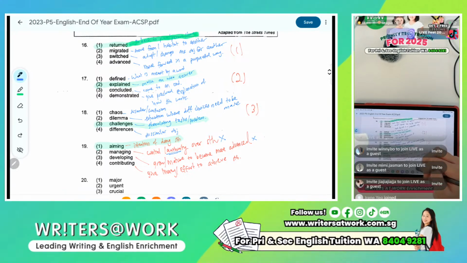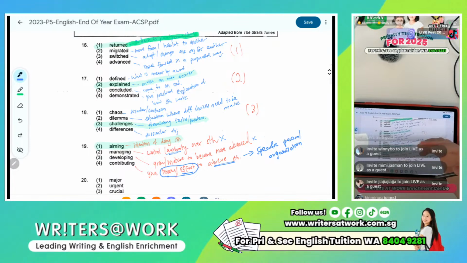Now option 4 here seems quite close because of the word effort here, and there's also this goal. But if we are using contributing, we need to talk about a specific person or organization. In the question, they said generally Singapore, which isn't a specific person who is contributing.